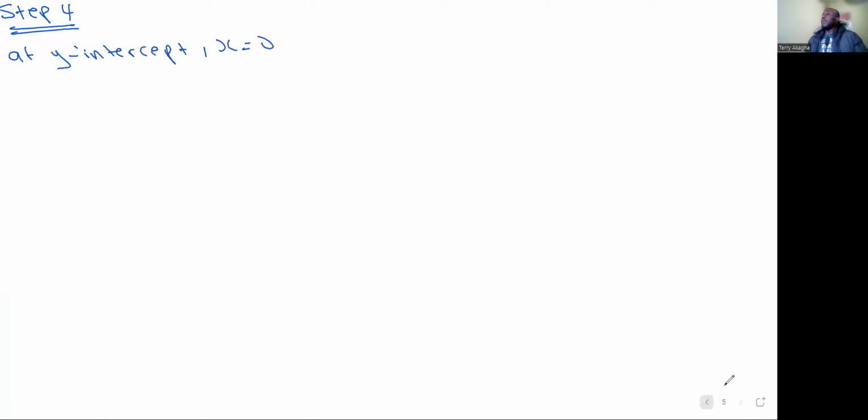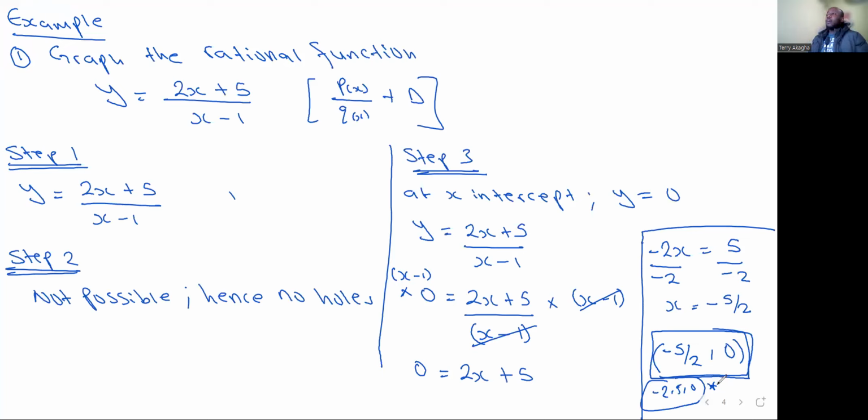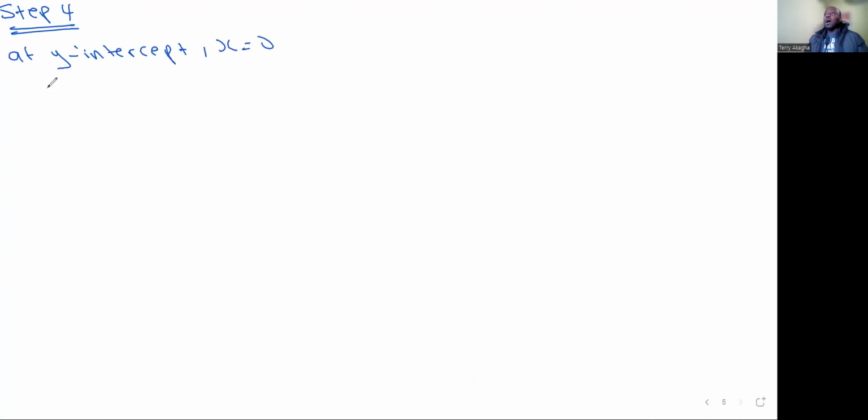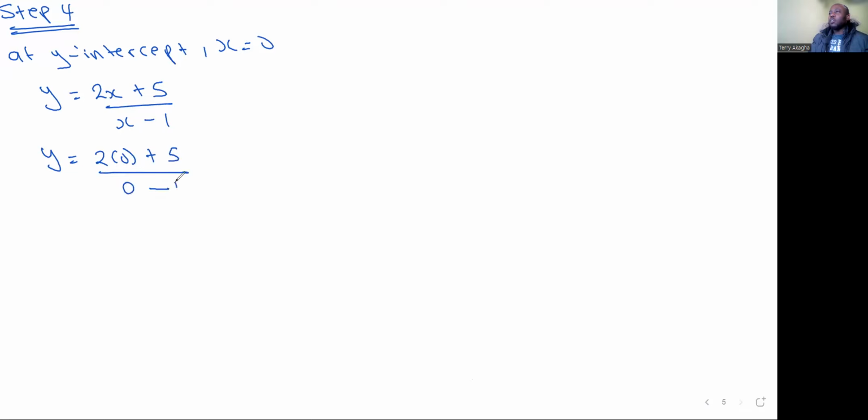All right, so we already have a function: y is equal to 2x plus 5 divided by x minus 1. So now at the y-intercept, x is equal to 0. So that means y will be equal to 2 into bracket 0 plus 5 divided by 0 minus 1.